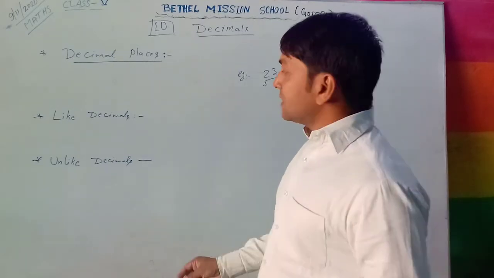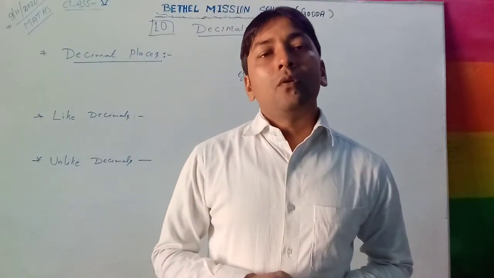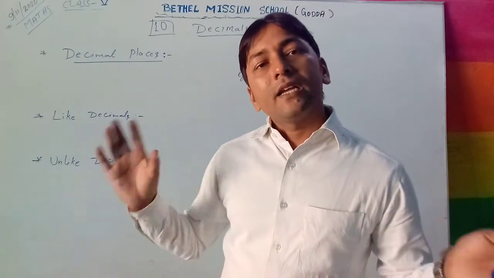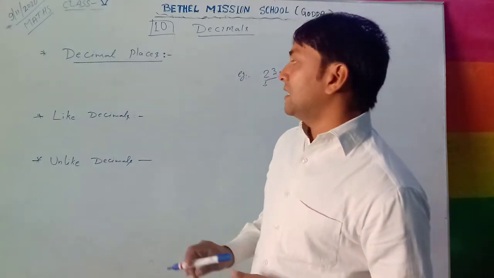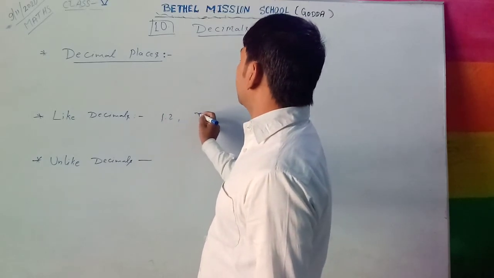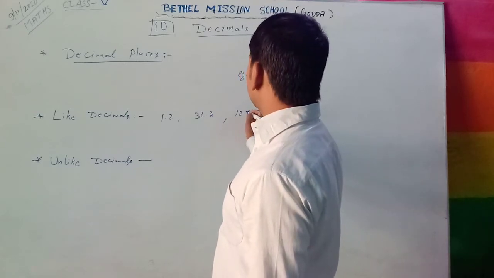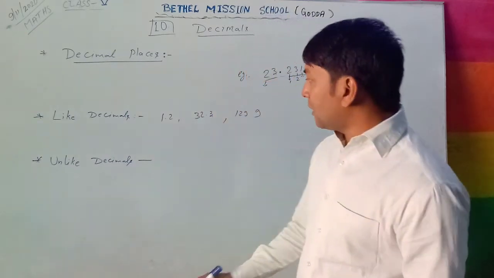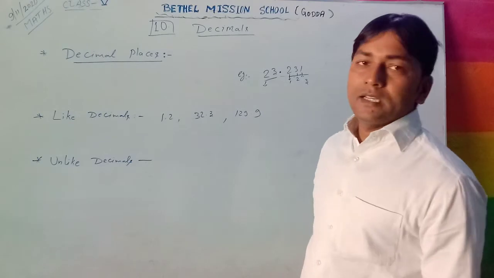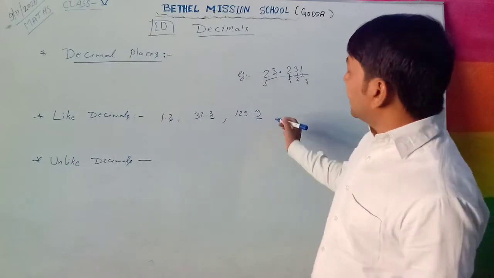Okay, so now, what are like decimals and what are unlike decimals? If two or more decimal numbers are given and the decimal places are the same, then they are like decimals. Suppose I am writing 1.2, 32.3, 129.9. The decimal places have only one digit, so these are like decimals.